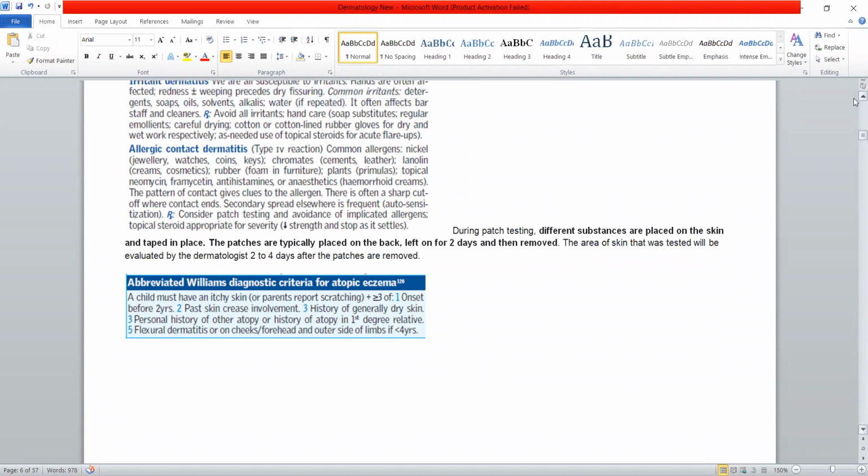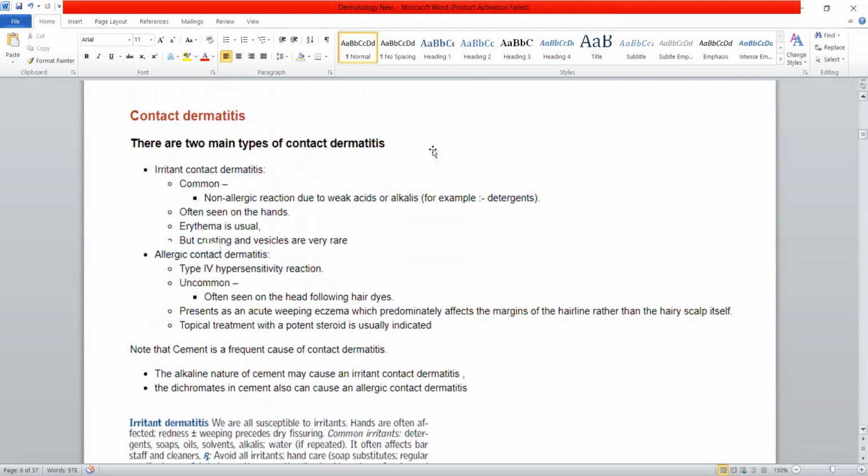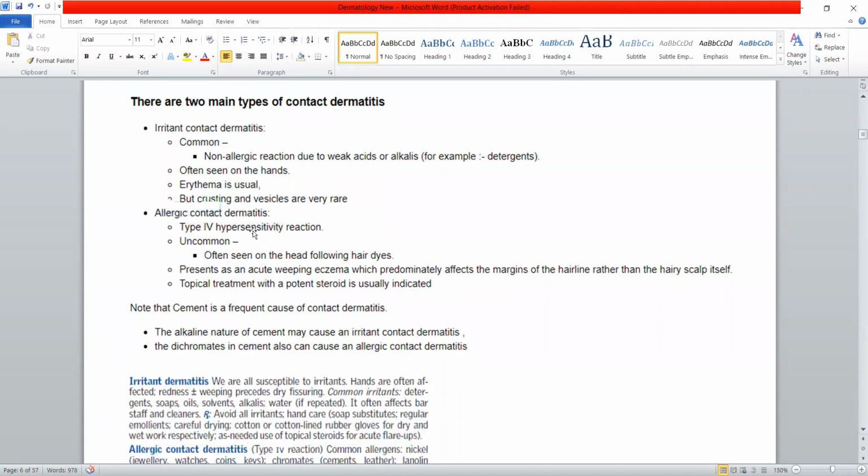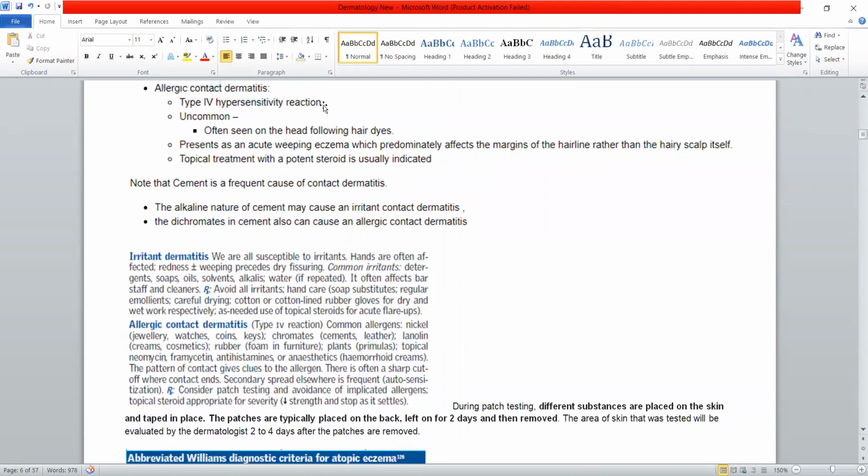So this was all about contact dermatitis. Contact dermatitis, as its name indicates, is the dermatitis that develops after contact with certain agents. It can be irritant, or it can be allergic contact dermatitis. Irritant contact dermatitis is due to irritation by weak acids or alkalis. Allergic contact dermatitis is due to a type 4 hypersensitivity reaction, and remember that a type 4 hypersensitivity reaction takes time to develop.